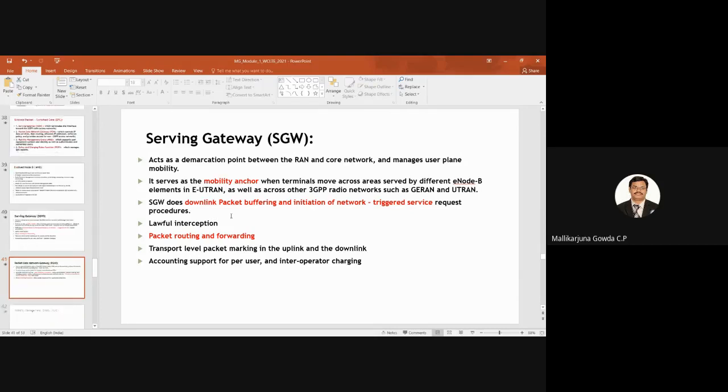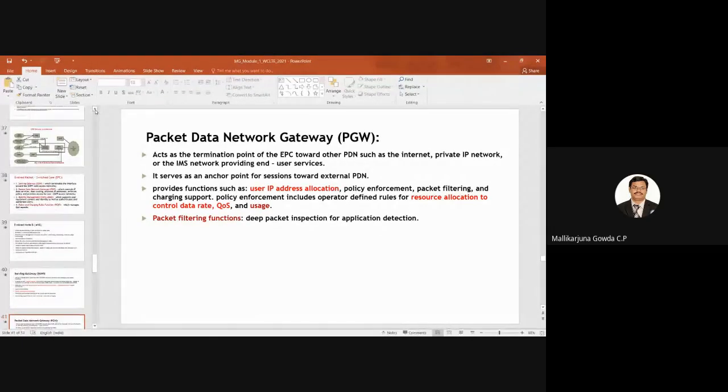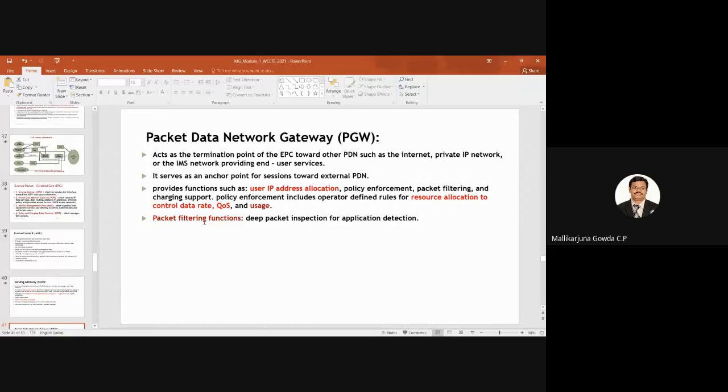The next one is the packet data network gateway. It acts as the termination point of the EPC toward other PDNs such as the internet, private IP networks, or even other IMS networks providing end user services. With respect to the diagram, I think you will be able to understand its functionality. It serves as an anchor point for sessions towards external PDNs.